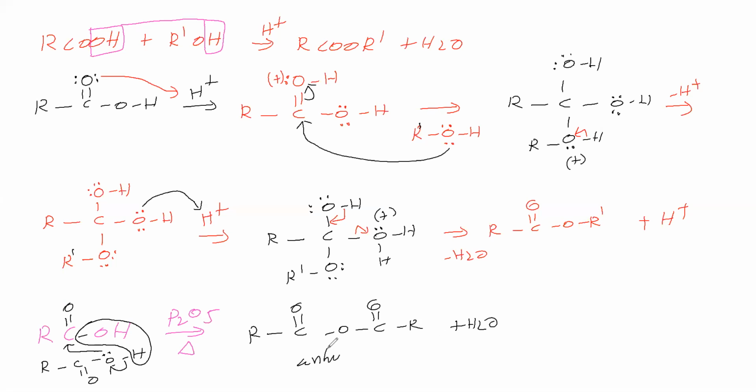So on heating carboxylic acid with P2O5, we are getting acid anhydride. Okay, so next we will see carboxylic acid.